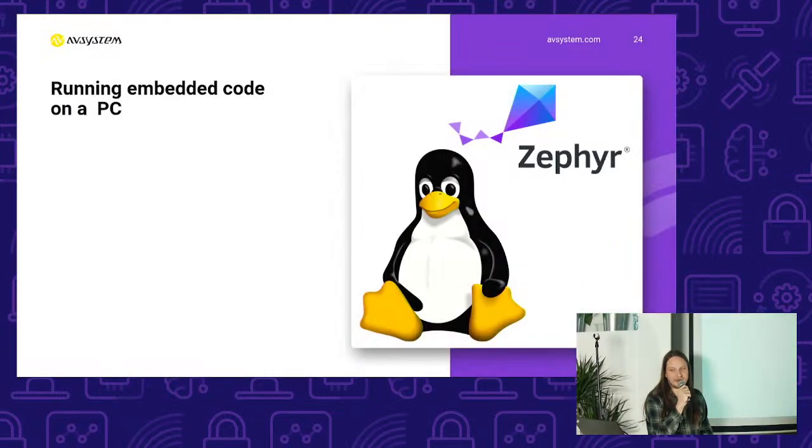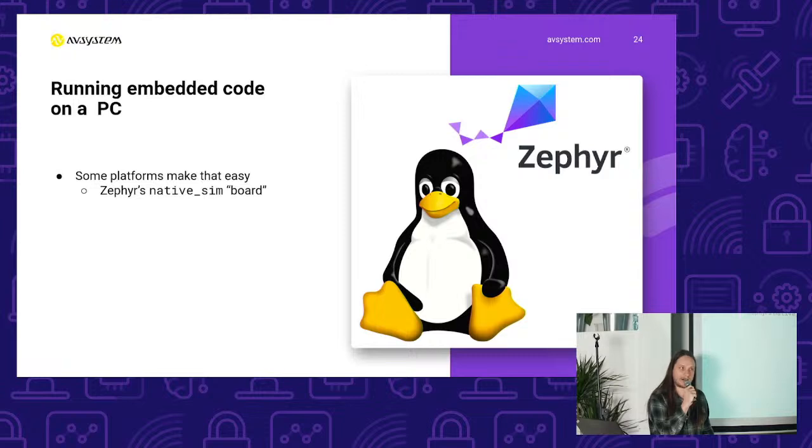Some platforms even allow it to be done very easily. For example, on Zephyr, you can target a native sim board, which compiles your program to a normal Linux process. And this is also a thing that only works on Linux. You cannot do this on macOS or BSD or anything like that.